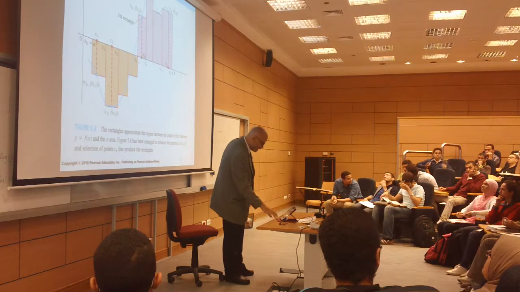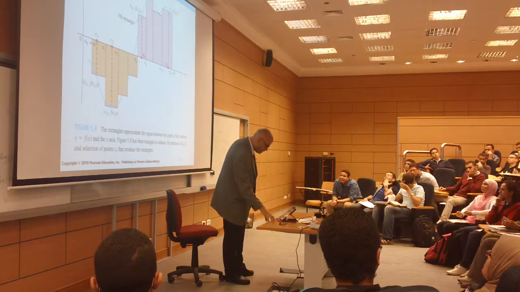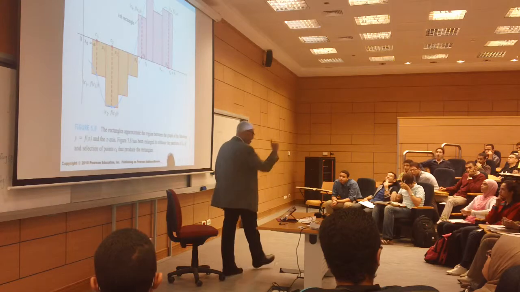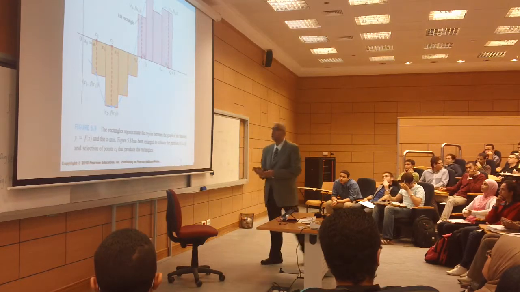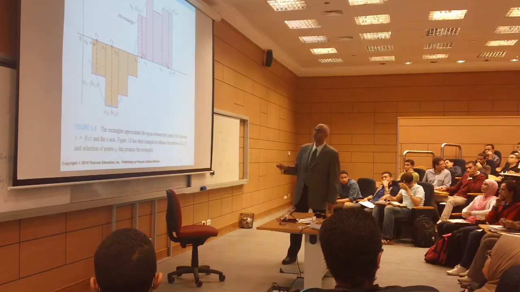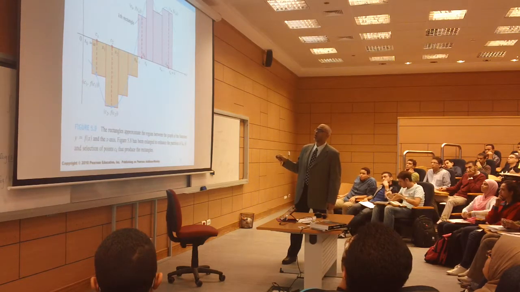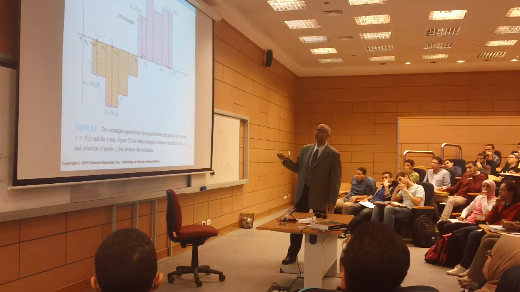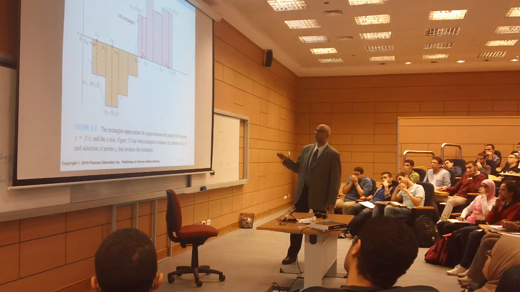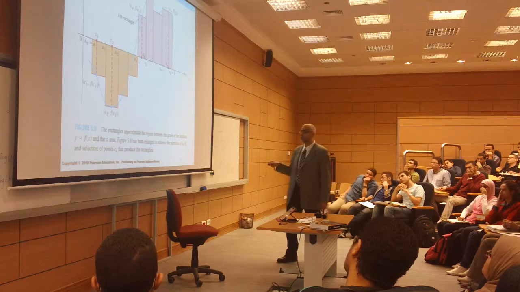So the rectangles approximate the region between the graph and the x-axis. So the area under the curve, in this case, this is a negative area, this is a positive area. Why? The height here, f of x, is negative, so this is a negative area. This is positive area.